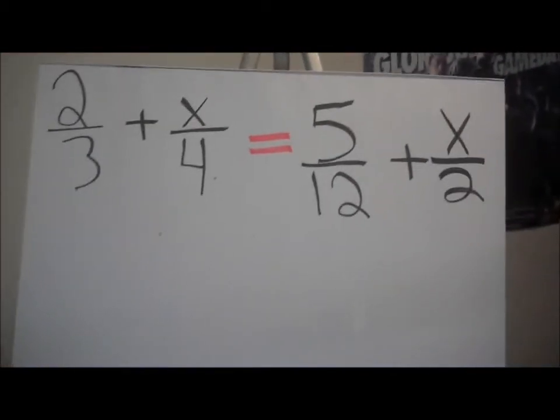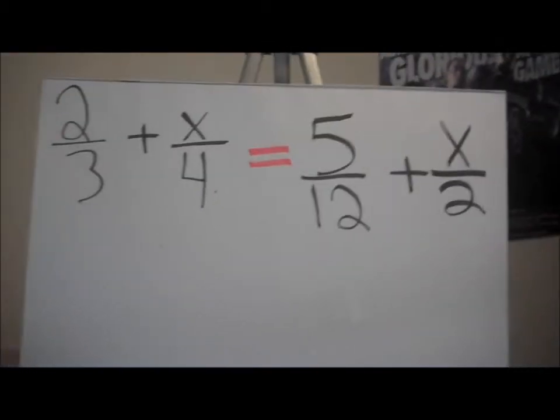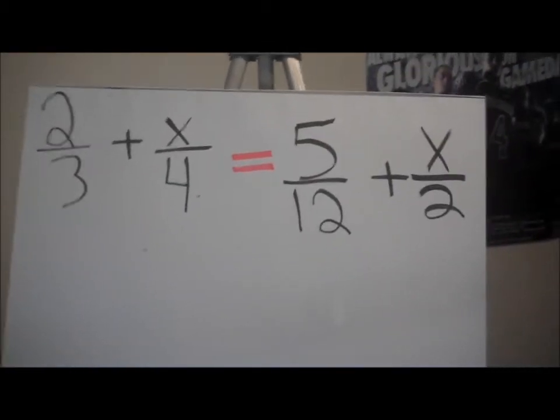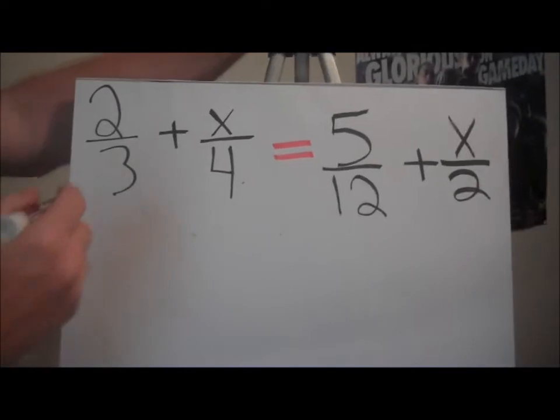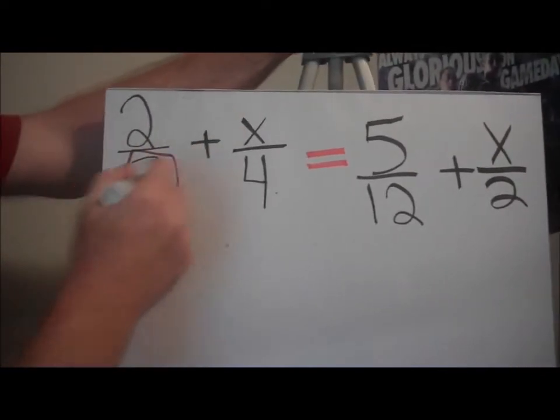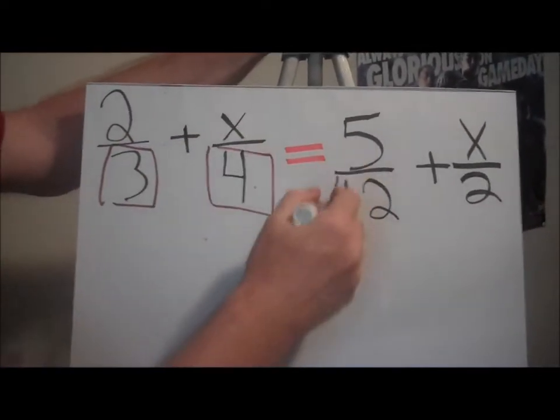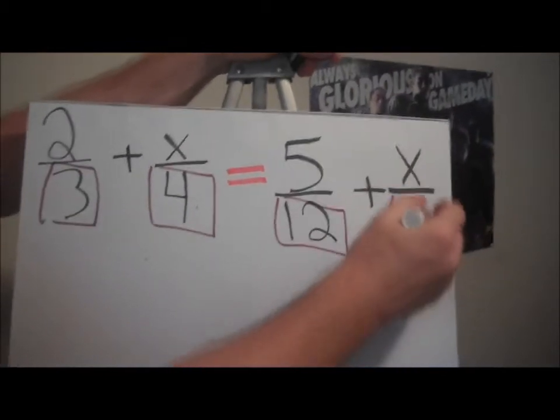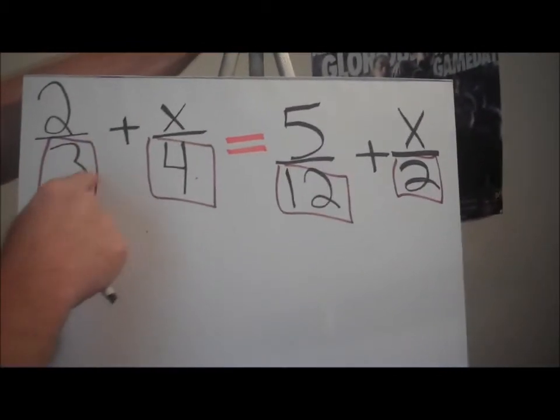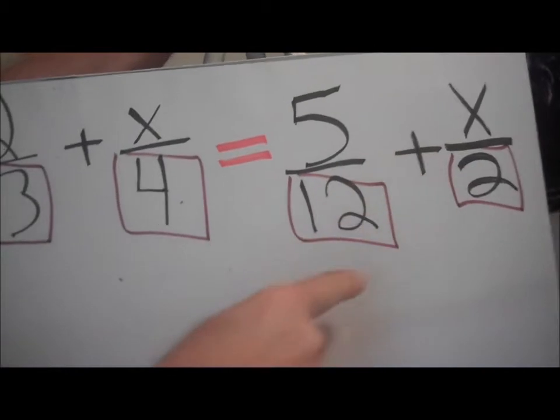So the first thing we do is I want you to notice the bottom numbers. If you notice, 3, 4, and 2 are all slices out of 12.